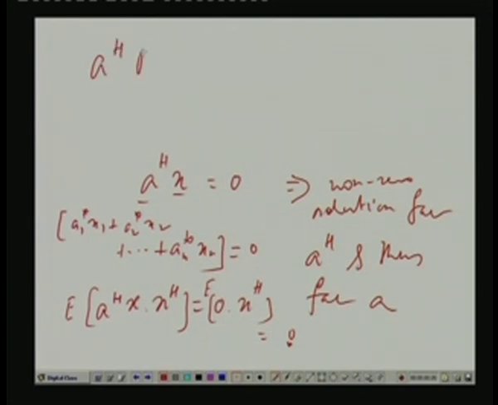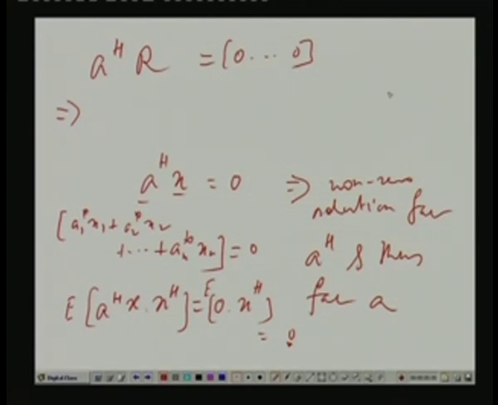A Hermitian comes out, E of x x Hermitian will give you R, the correlation matrix, and that is equal to a zero row vector.